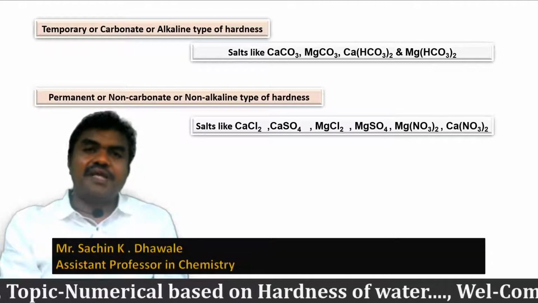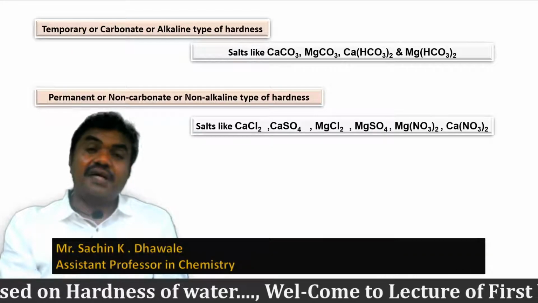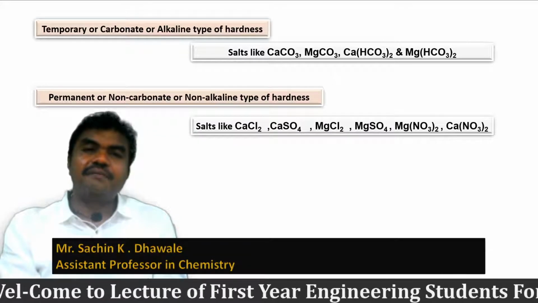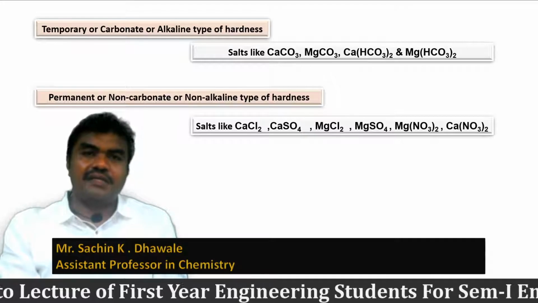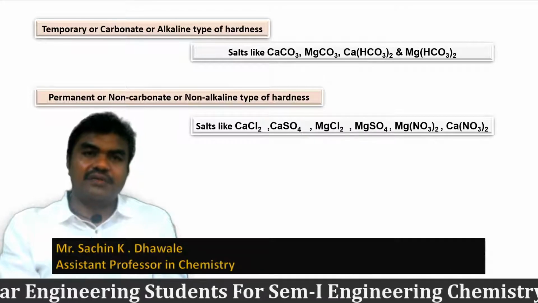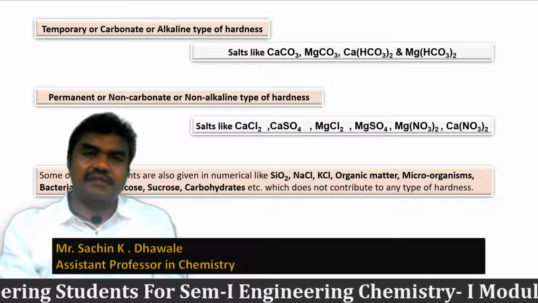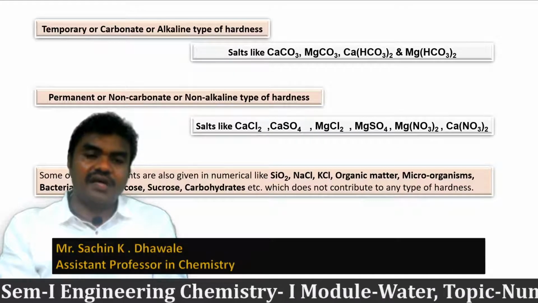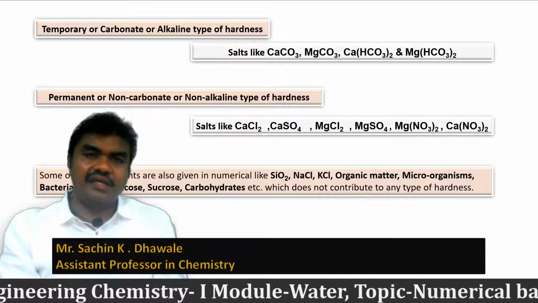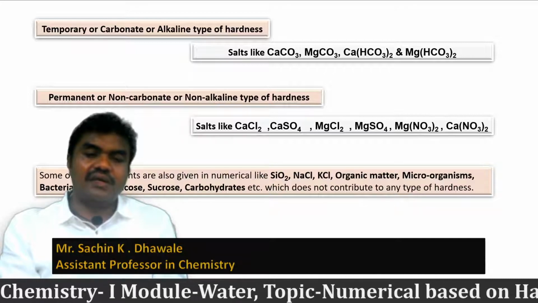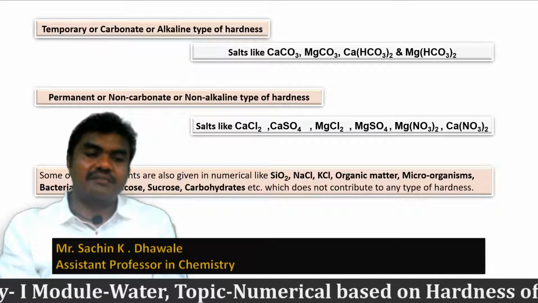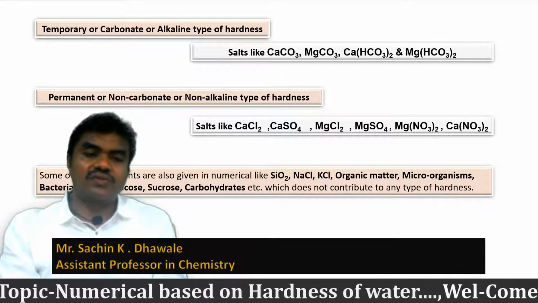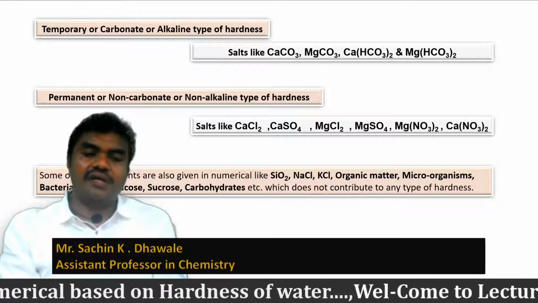Also, sometimes it is observed that some other substances are mentioned, and they do not contribute to any type of hardness, whether temporary or permanent. These do not contribute to any type of hardness: silica, NaCl, KCl, organic matter, microorganisms, bacteria, starch, glucose, sucrose, and carbohydrates.